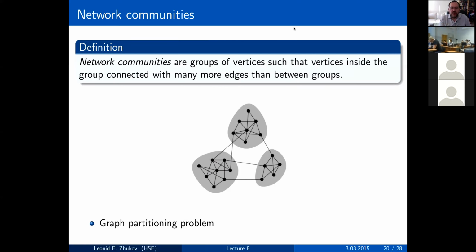By looking at this picture, it is obvious that we have 3 clusters in here, and the number of edges within each of those groups is definitely higher than the number of edges between groups.